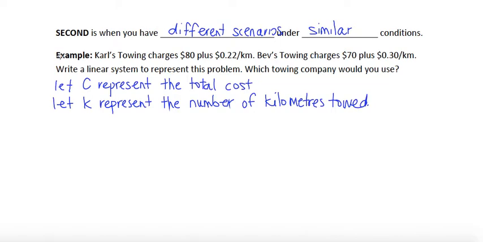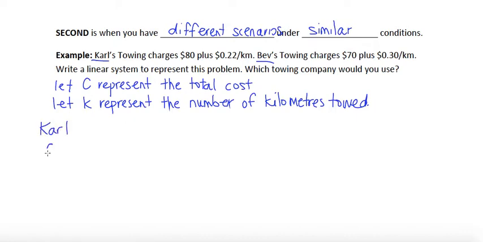Okay, so C is going to represent the total cost. K is going to represent the number of kilometers towed. So we're going to come up with two equations, one for Carl and one for Bev. So the equations are going to look very similar, but we're going to write them for each of those two different scenarios.